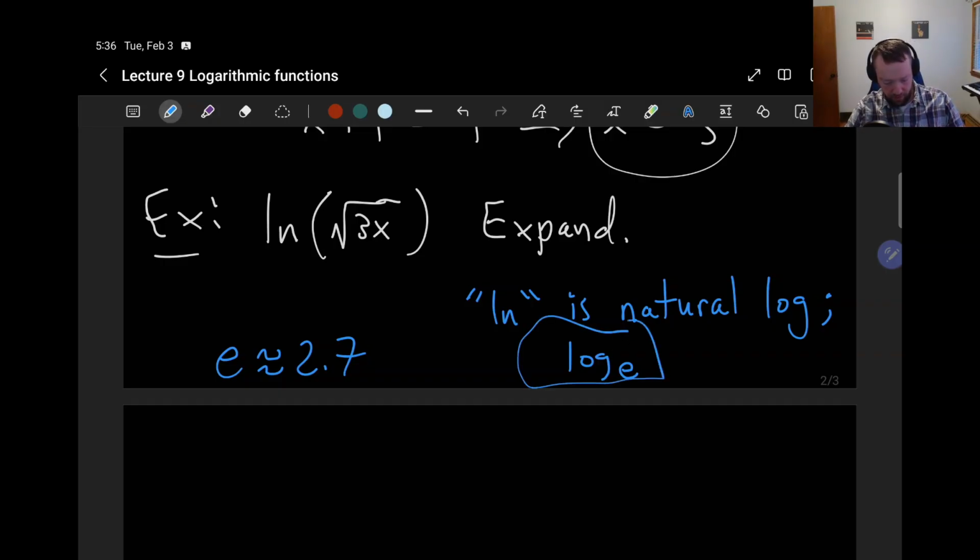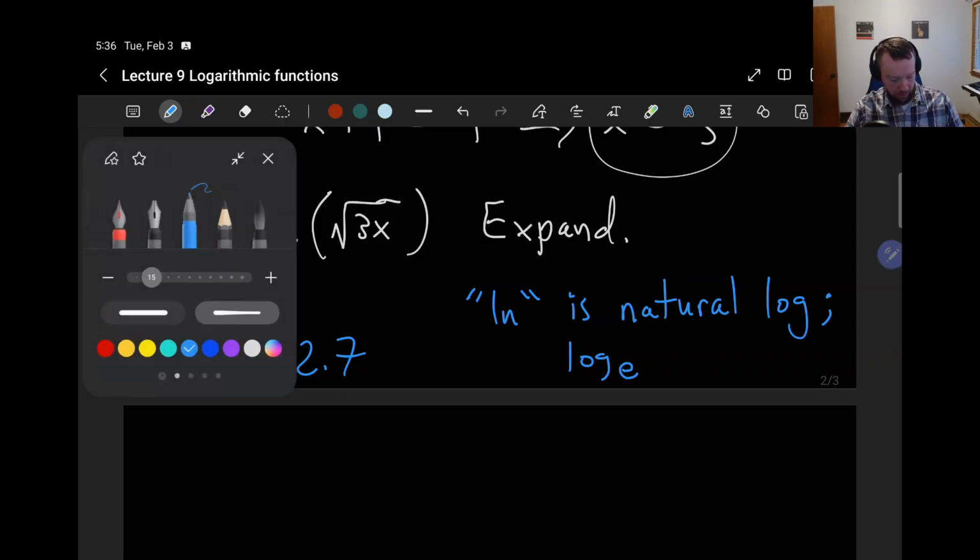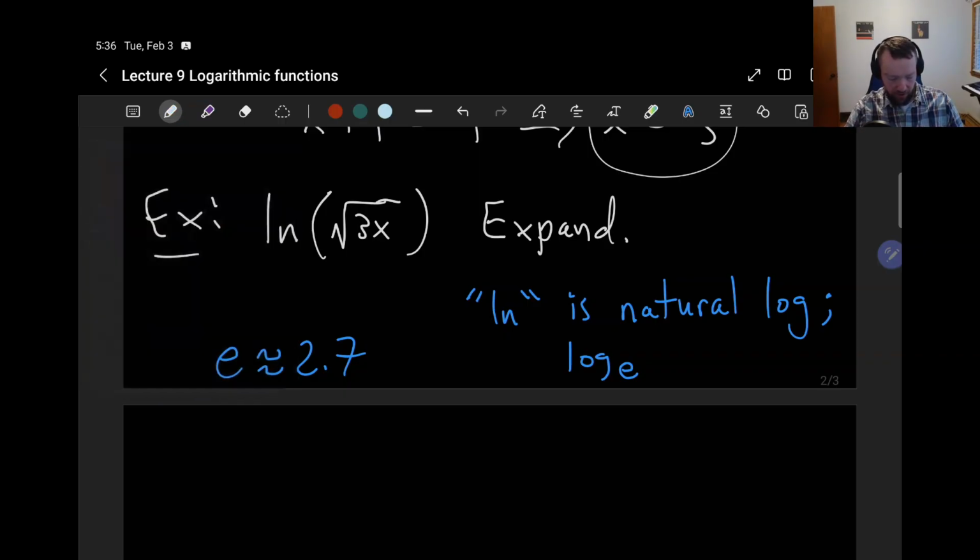The log base, the number e, we call that natural log, ln, because it has a lot of natural real-world applications. So we'll be seeing this one a lot in the course. Really, it's the best logarithm in my opinion.